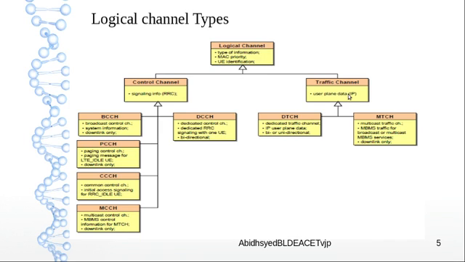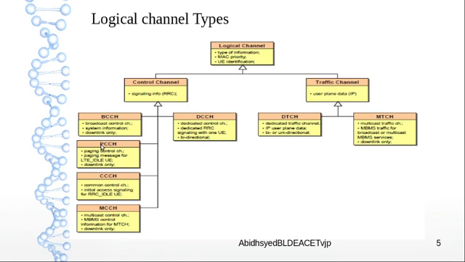The traffic channel is used for sending user data, and the control channel is used for sending signal information, radio resource control. Then the broadcast control channel controls and transfers system information.